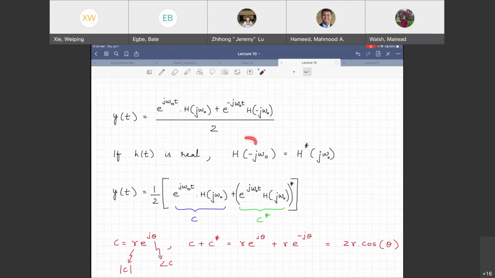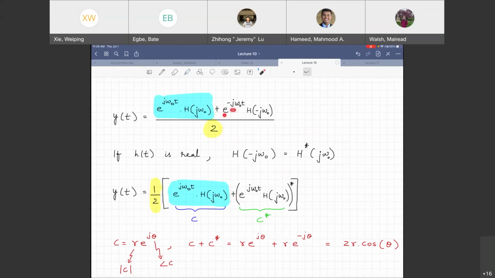Now, let's use this in this guy. Y of t is half because of this. So there too, that half is taken care of. Next, e to the j omega naught t multiplied by H of j omega naught, that's right here. Plus, what do you have next?